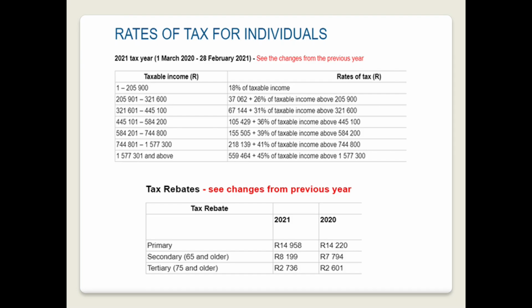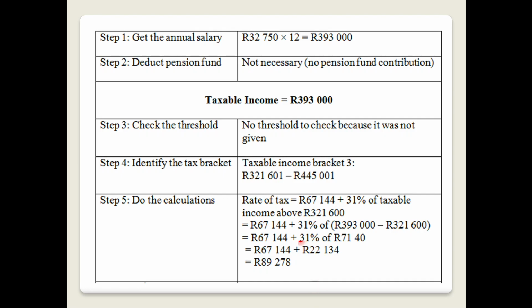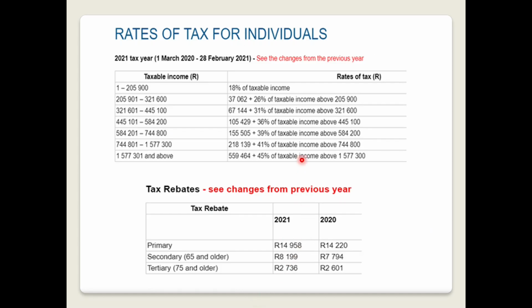So how will we do the calculations for Peter? Step 1 will be to get the annual salary. Why the annual salary? Number 1, the tax tables that have been provided to us by SARS only work with annual amounts.